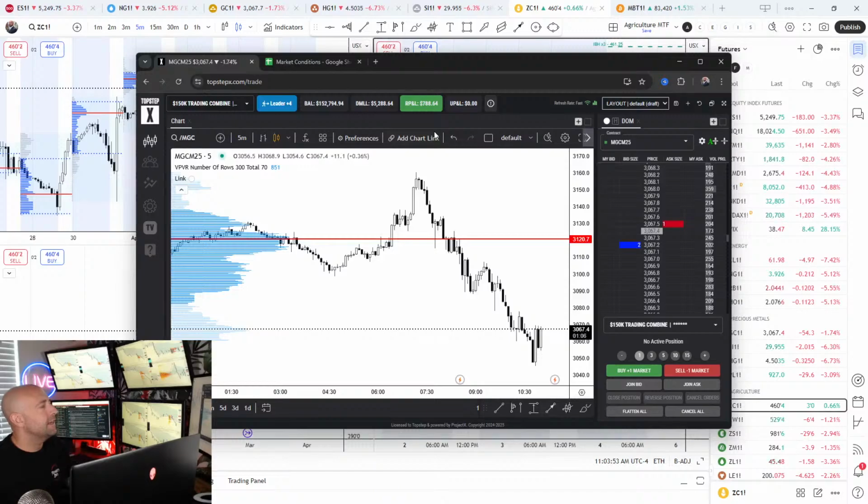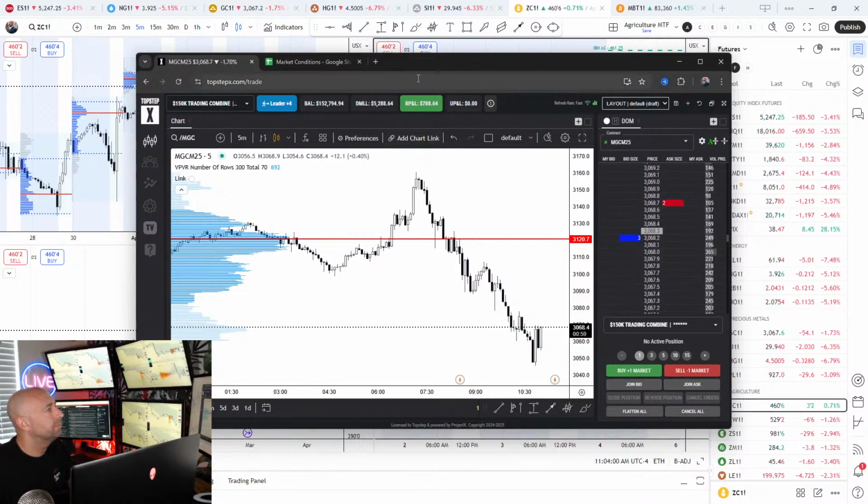We're up 788 now. Caught that move in gold. And as I heard the money flush, I sized up a little bit on that one.